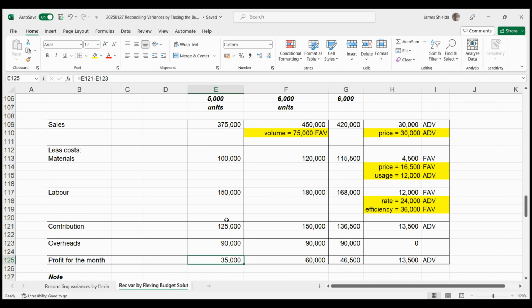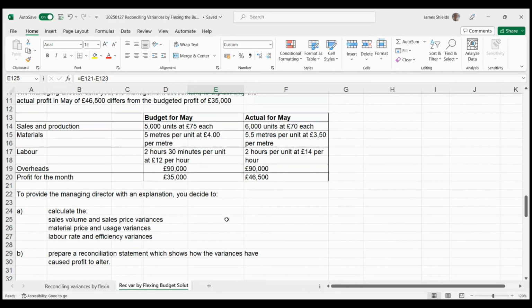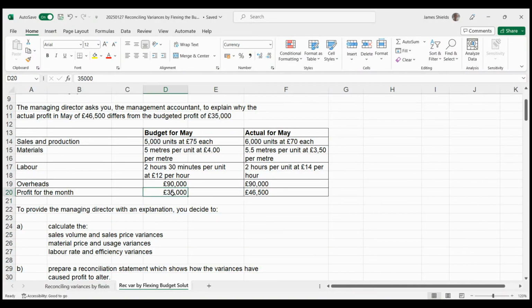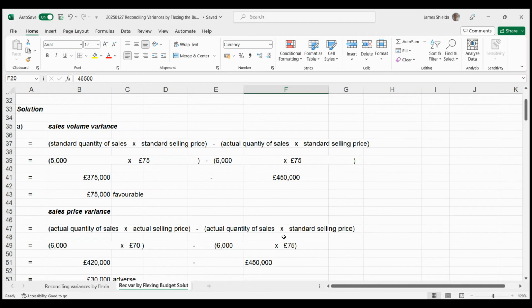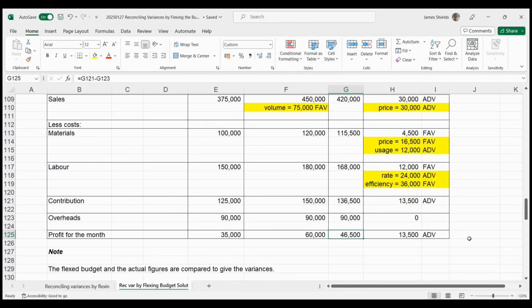The budgeted profit a month was 35,000, and the actual was 46,500, which should be the figure in our table. Now the variance is 60,000 take away 46,500, which is 13,500 adverse, because the profit is less than expected.